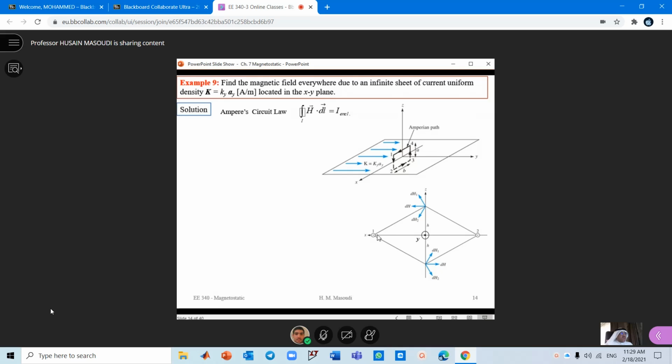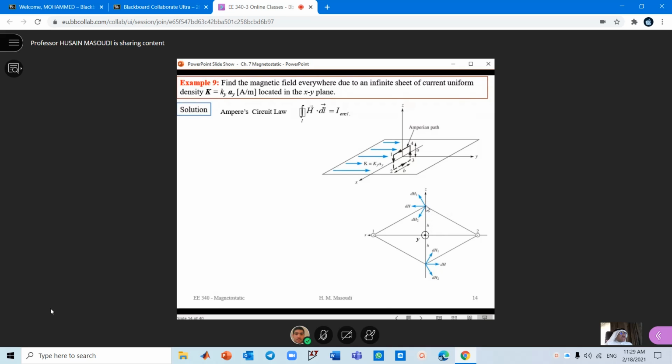Next to that, you have another one. So the whole sheet consists of infinite lines. At the moment, let's just take two lines, and we call them 1 and 2. Let's take any arbitrary distance above the sheet.